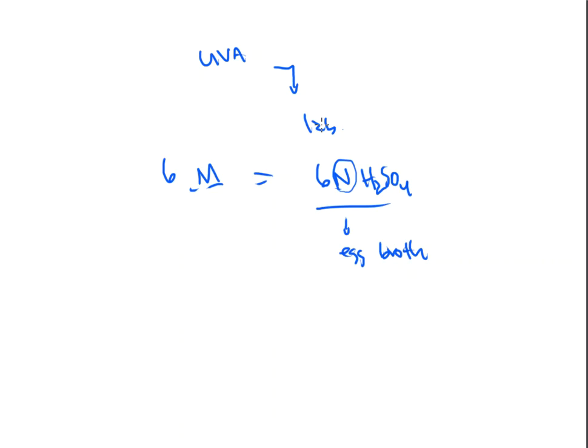So what was happening here is that I assumed normality was the same as molarity, and it was not. Of course, now we know that. I'm telling you that now from personal experience. A 6 normal solution was 6 normal in regards to the acid. And now we know that 6 normal is always bigger than molarity.